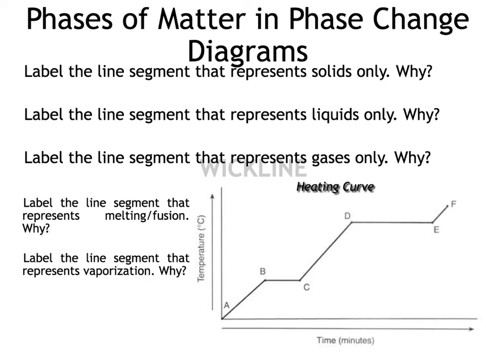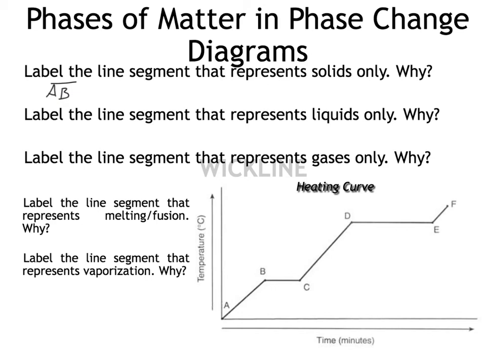All right, we also need to discuss what are the actual phases of matter in these particular phase change diagrams. The line segment that represents solids only is line segment AB. I can say that for sure because it has the lowest kinetic energy of anything on this graph. And I know that as a substance is heated, it changes from solid to liquid to gas. So I know section AB is the solids.